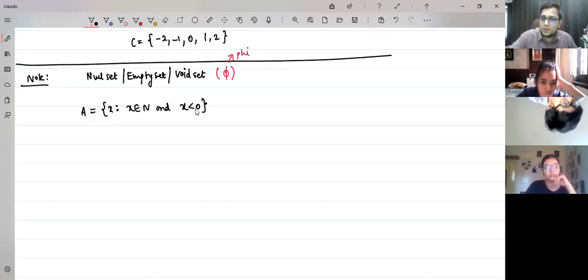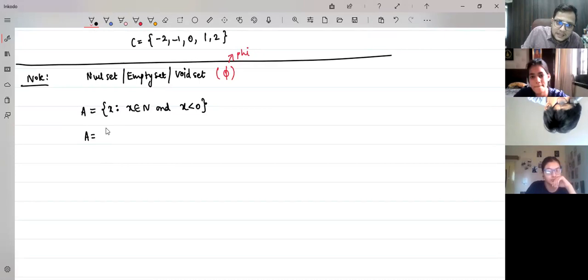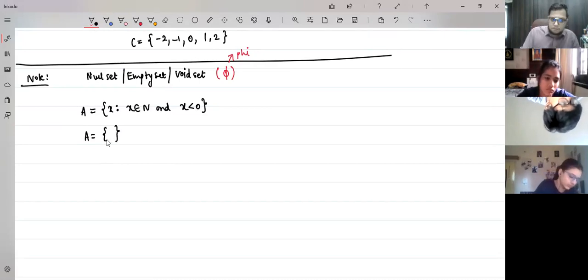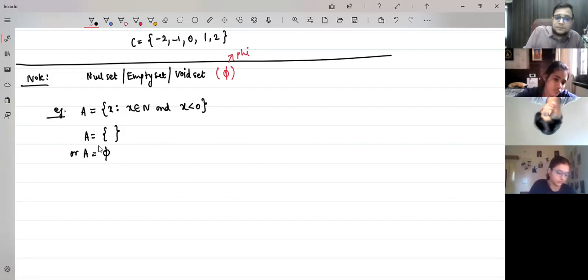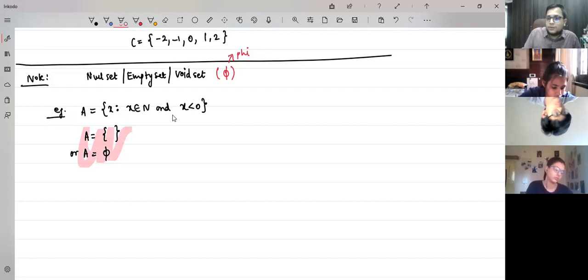X must be a natural number and also less than 0. How is it possible? It is not possible. So what will I get? A as my null set. How do I represent it? Either this, where I make only two brackets and nothing in between, or A can be written as phi. So these are the two representations that we need to particularly take care of for an empty set.